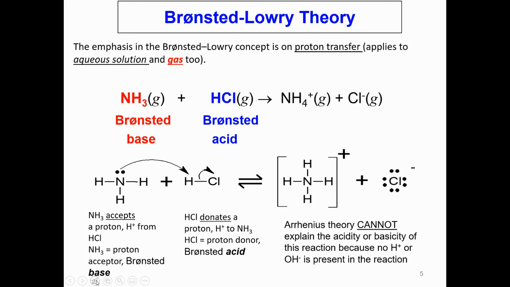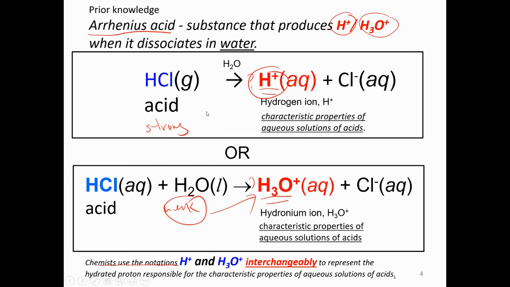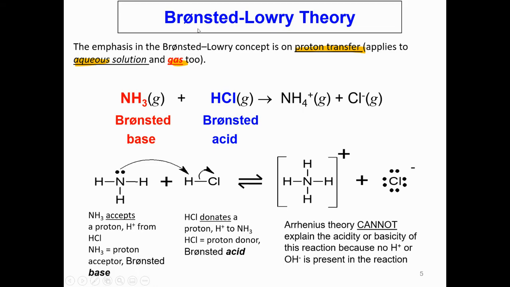Now let's look at another one. In Bronsted-Lowry theory, the emphasis is on proton transfer. It applies to aqueous solutions and also gases too. The Arrhenius theory emphasizes that it must dissociate in water.